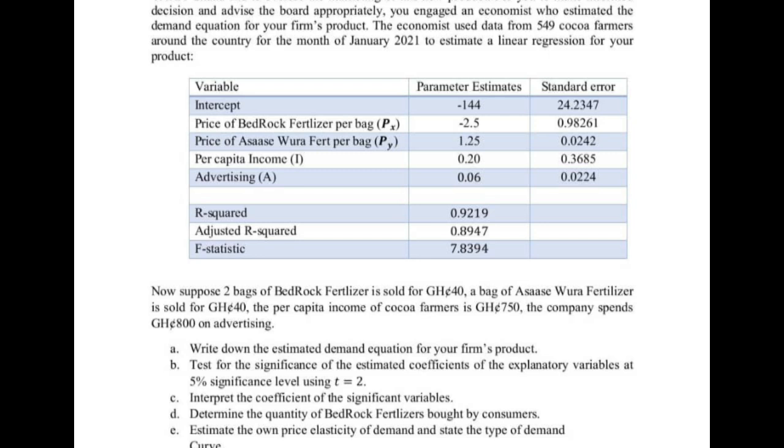But realize that they said 2 bags of bedrock fertilizer is sold at 40 Ghana cedis. So before you determine the quantity of fertilizers bought by consumers, you should get the per unit price for bedrock fertilizer, because all the remaining factors are per unit or for a bag.